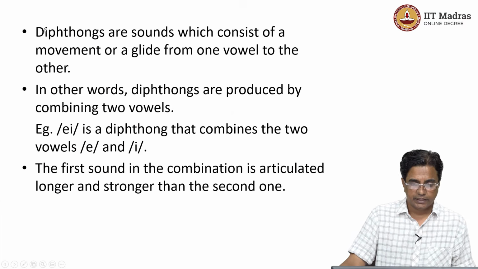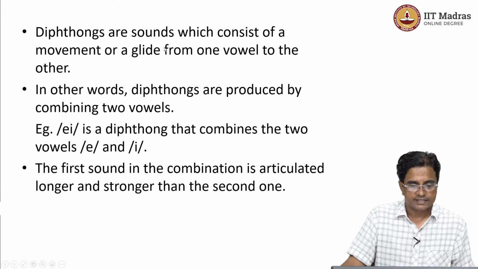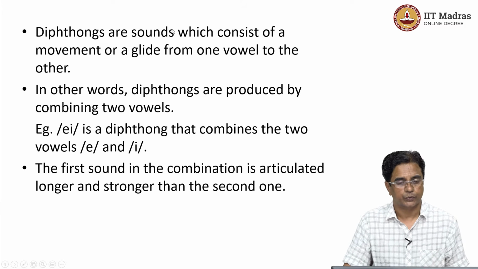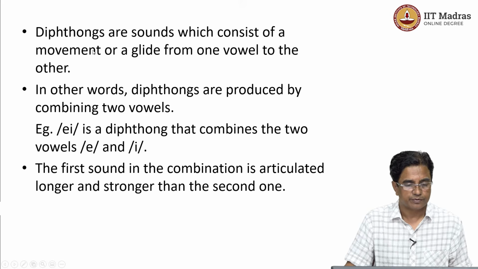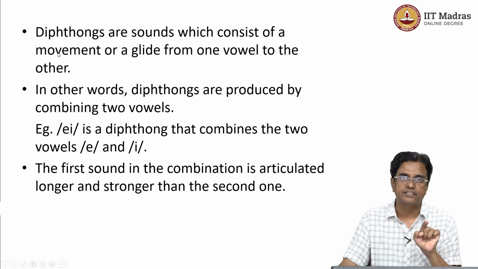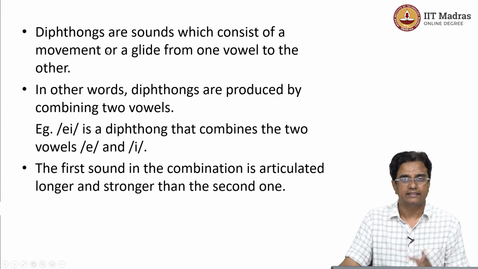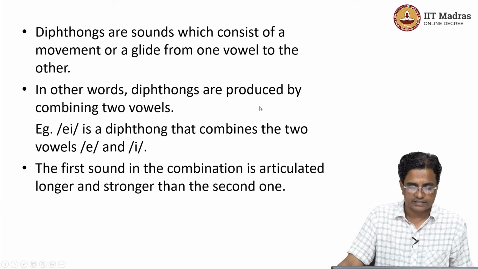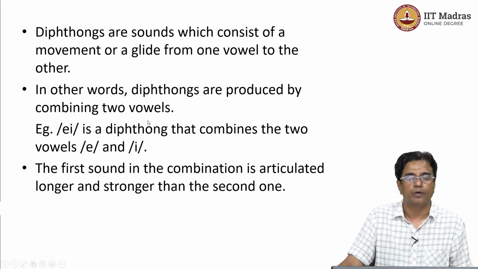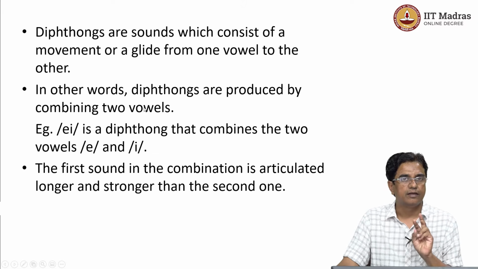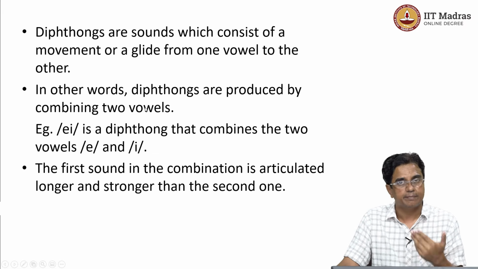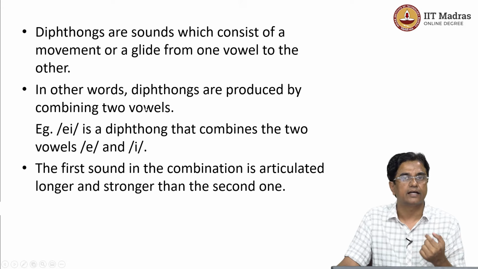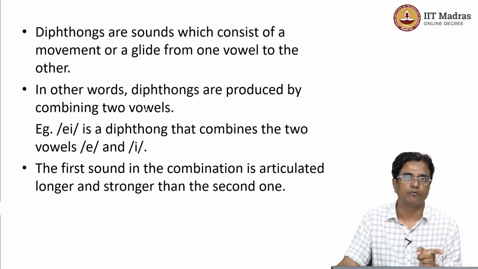So diphthongs are sounds, and this is what we conclude with, which consist of a movement or glide from one vowel to another. That is, it starts as one and ends with the other. This process is known as glide. So in other words, it's pronounced by combining 2 vowel sounds. It sounds that way when we speak it, but they are one, gliding from one to the other.